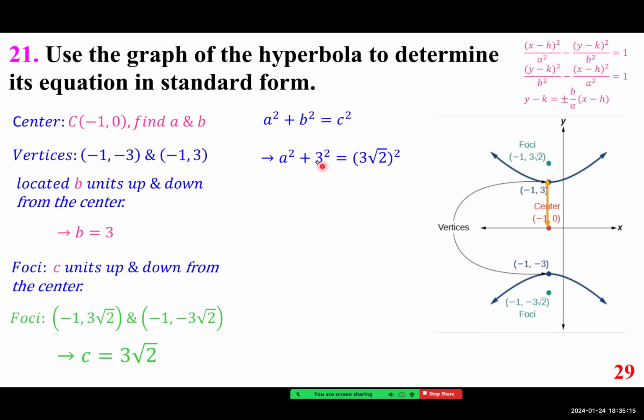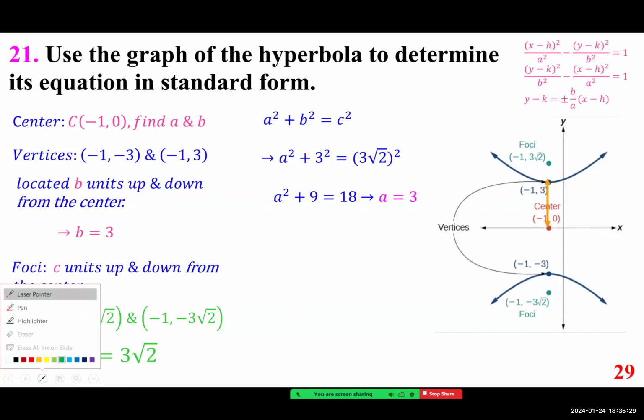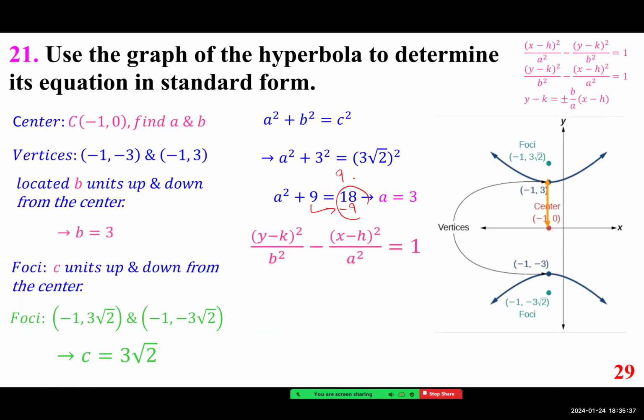Of course, this becomes 9. Everybody knows that. This becomes 9 times 2. Please understand, square root of 2, when you square it, becomes 2. 3 becomes 9. Their product is 18. And so we're going to subtract 9 from it. Gives us 9, and a becomes 3. So we use this formula.